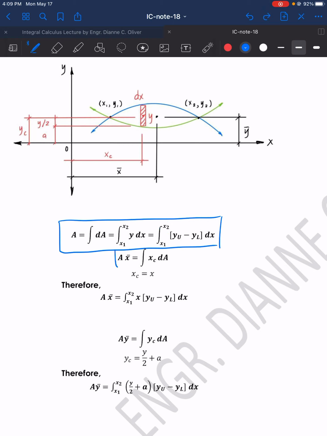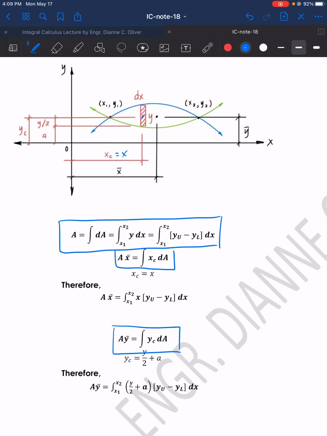Now again, the general formulas for x bar and y bar. Observe that for xc, the location of the center of the area strip, xc is equal to x.